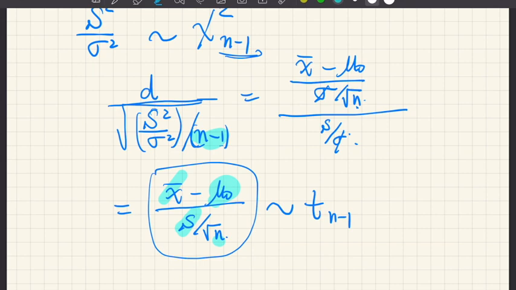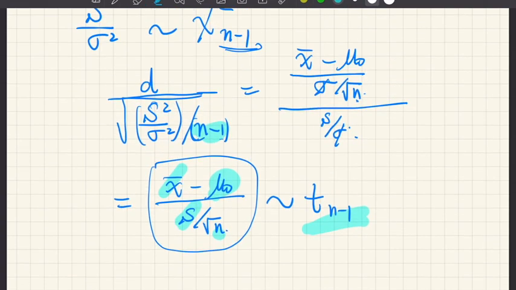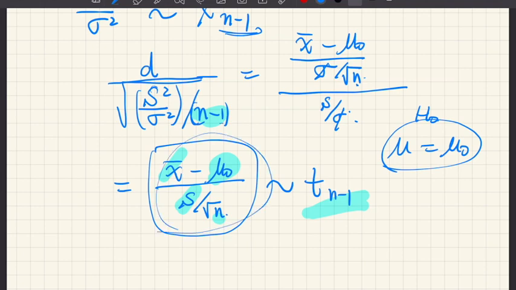So there is nothing unknown here, and we can just apply the t distribution to this. If the probability that this t-variate has a certain value or more is small enough, then we can reject our hypothesis that mu is the same as mu naught. Otherwise, we just don't reject.